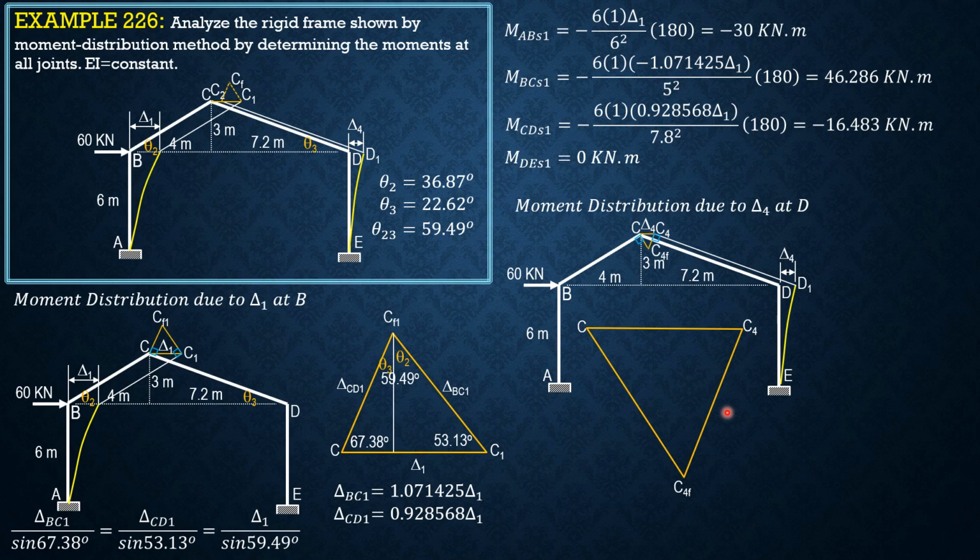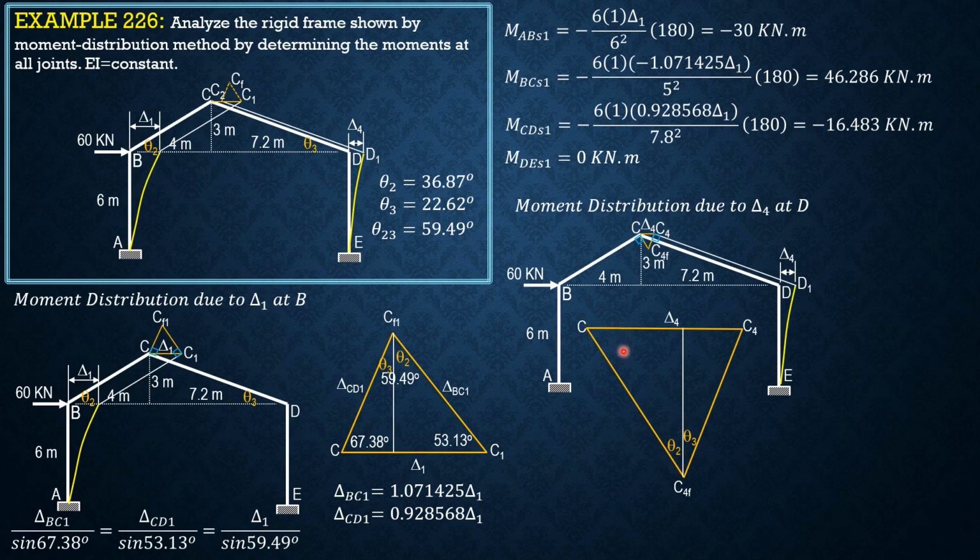Enlarging it, remember that the line through this vertex is perpendicular to delta 4. The angle between that vertical line and this line, which is perpendicular to CD, would be theta 3, and the angle between the vertical and the side delta BC4 is theta 2.